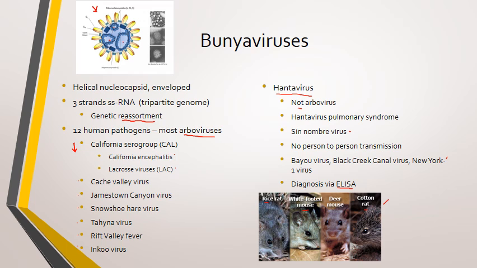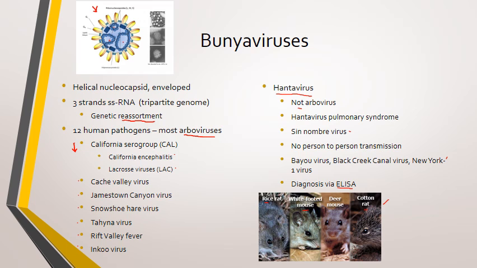But I'm not really sure how it got that name. It is grouped into two different diseases, California encephalitis and lacrosse viruses, okay? Lacrosse, Ohio, okay? We have the Cache Valley virus, Jamestown Canyon virus, Snowshoe Hare virus, Tehania virus, Rift Valley, and Inku viruses.